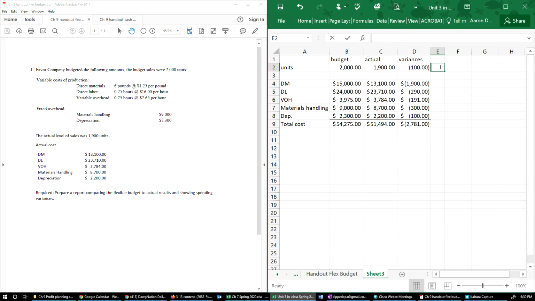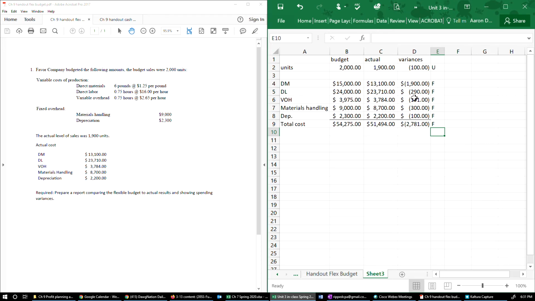If you manufacture less, it's going to be an unfavorable variance, right? Direct materials cost less than the budget would indicate, which would be favorable. In fact, all of these variances are favorable, right? Because you spent less than the budget would indicate.